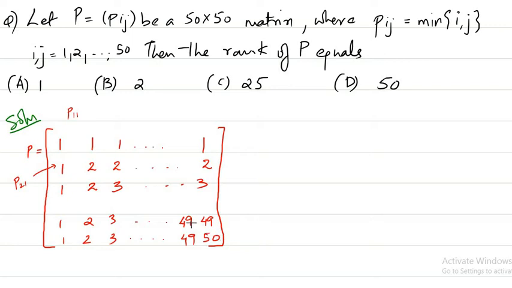Now you can think about how to find the rank of the matrix. You can just apply elementary row operations. We have rows R49, R50. I could make R2 as R2 minus R1, but a better way is to start from the bottom. So my R50 will become R50 minus R49.